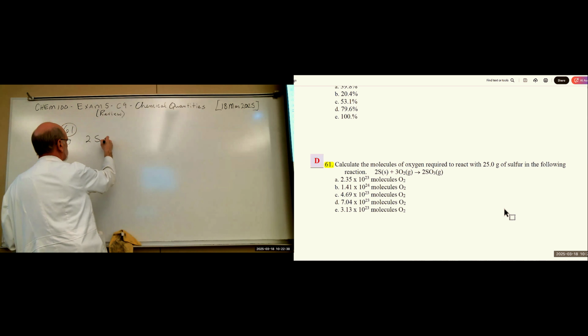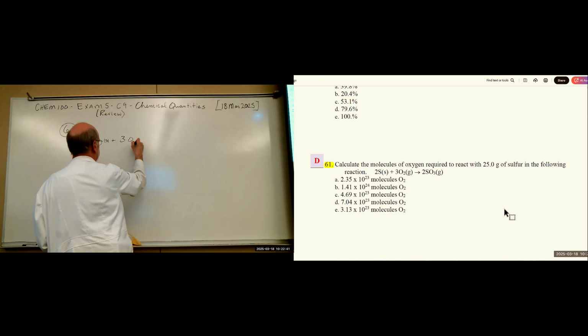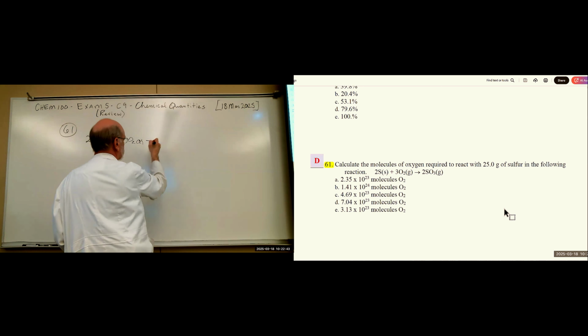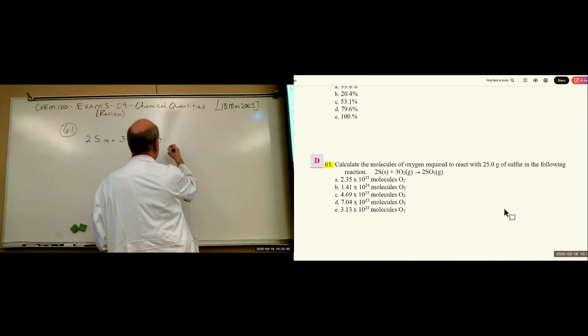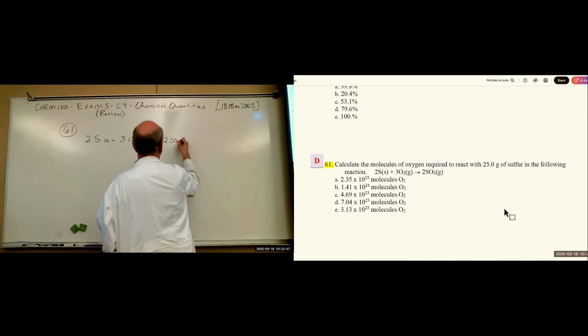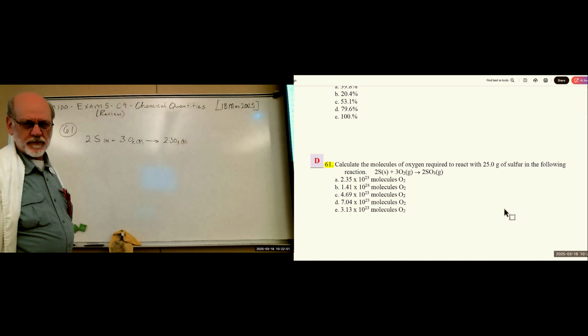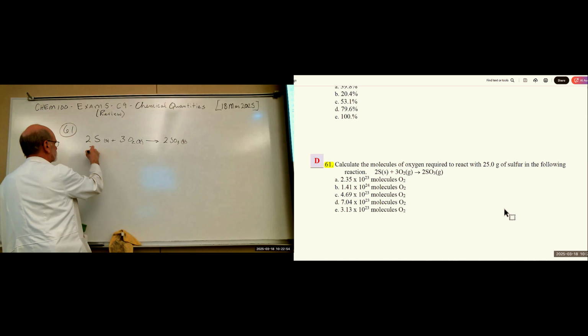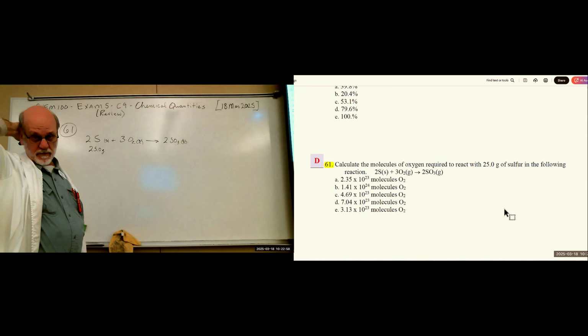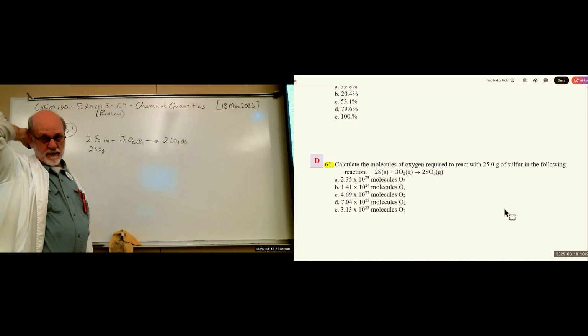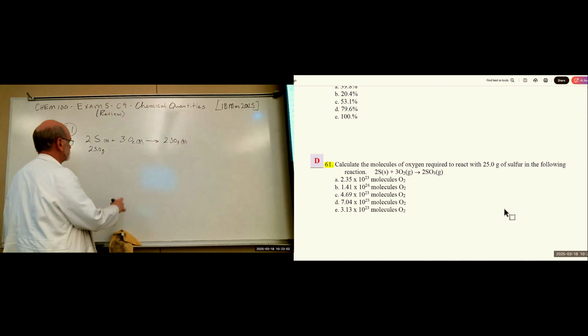Yep, 2 sulfur plus 3 oxygens yields sulfur trioxide. Okay. And we're starting off with 25 grams of sulfur. And we want to know how many molecules of oxygen are required.